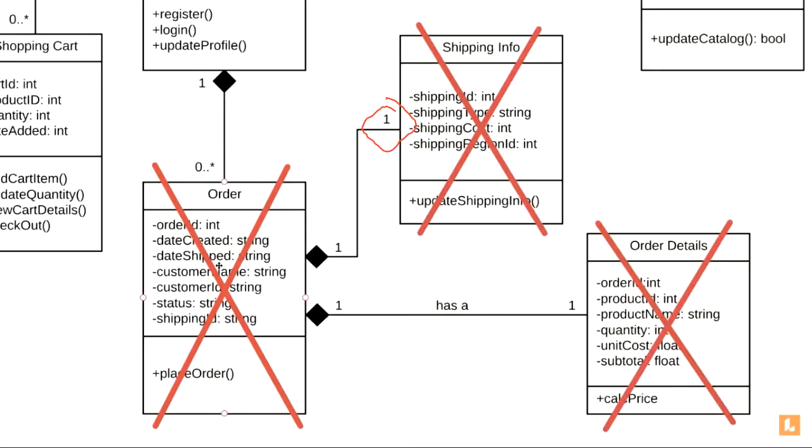Order has exactly one shipping info, right? And read this. Shipping info has exactly one order. So it makes sense, right?